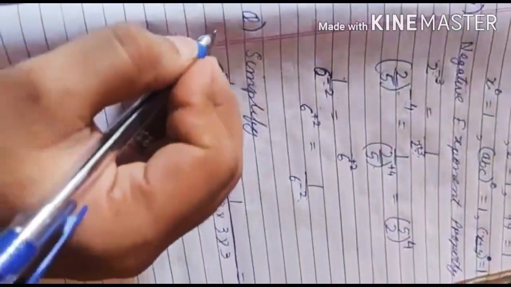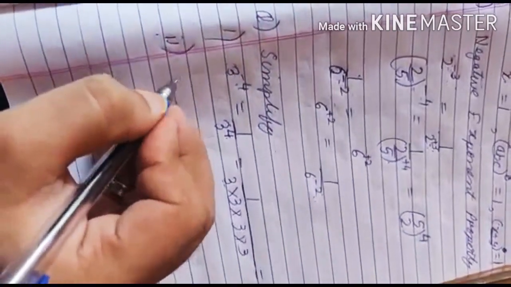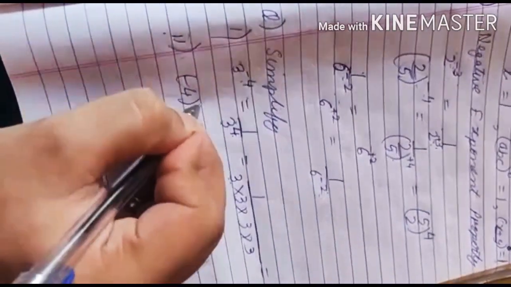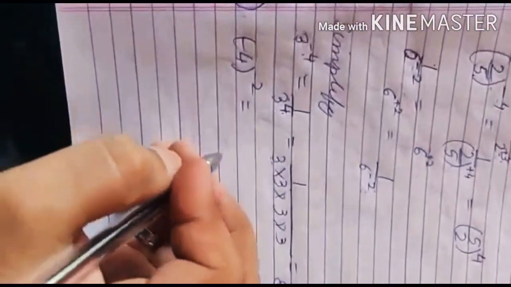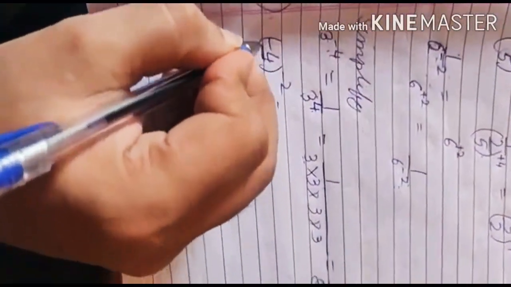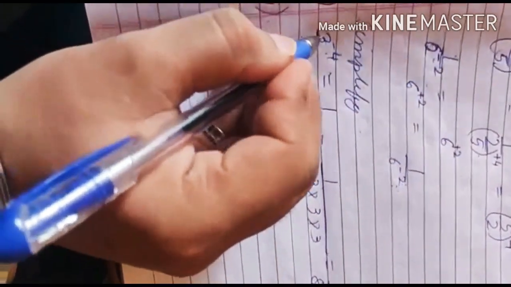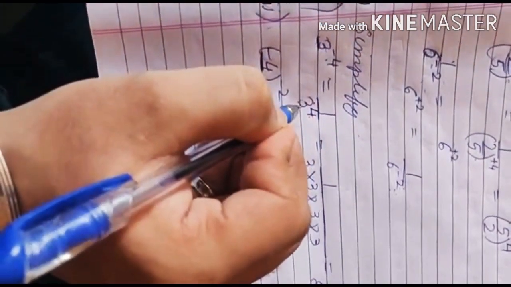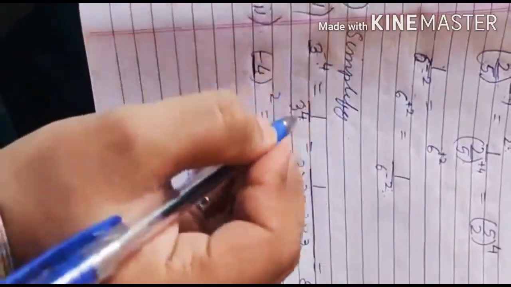Or the other question is minus 4 to the power minus 2. What we will do is just reciprocate the number. What is the base here? Like here the base was 3, so we took 3 to the denominator and changed its negative power to positive.